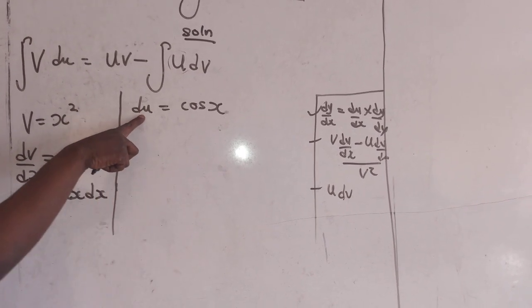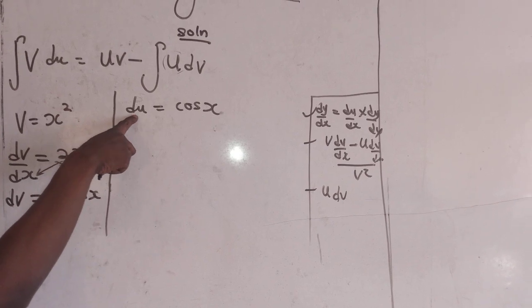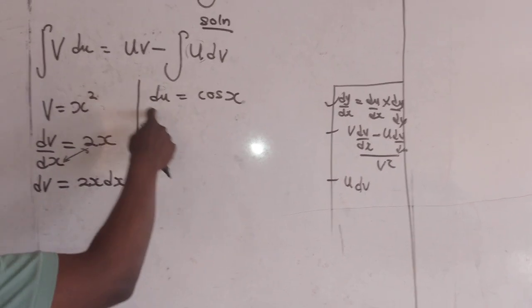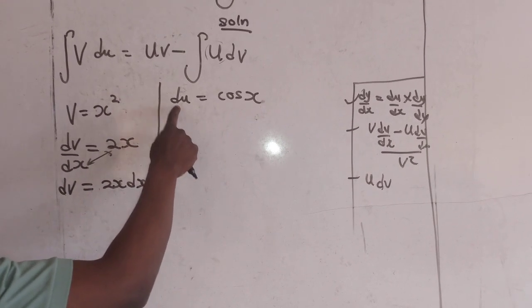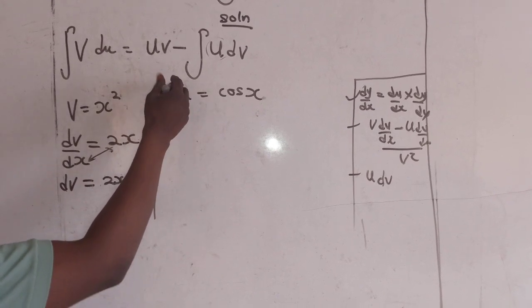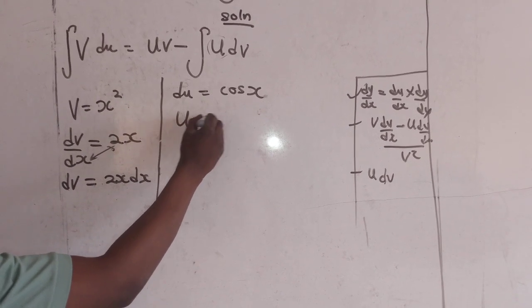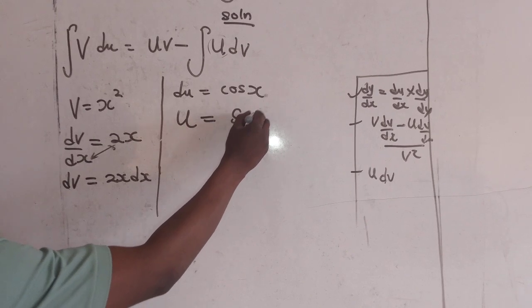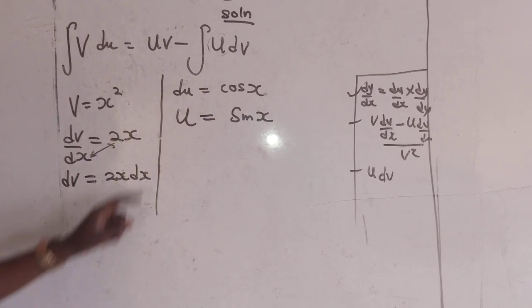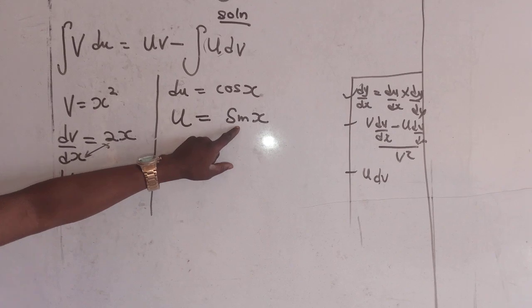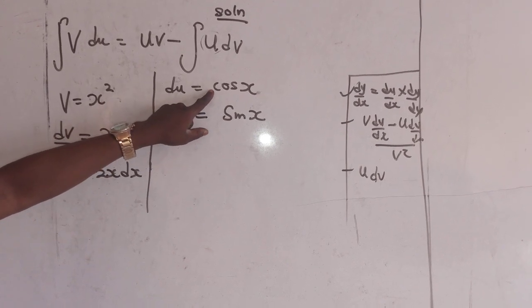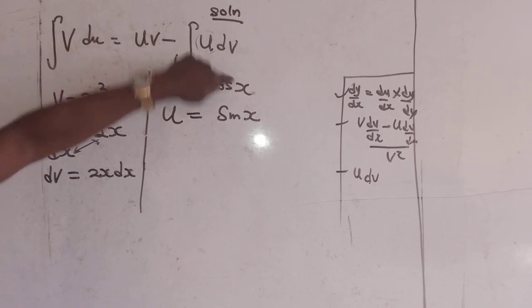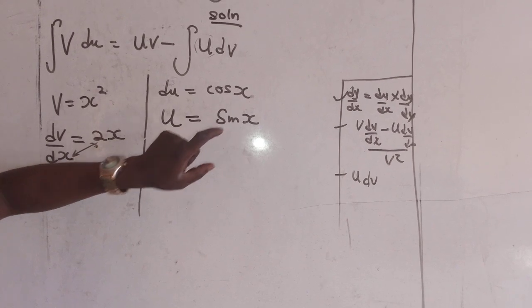This one was differentiated, so you need to integrate this du. If you integrate this du, your u will be sine x. If you integrate sine x, it will give you minus cos x, but if you integrate cos x, it will give you sine x.